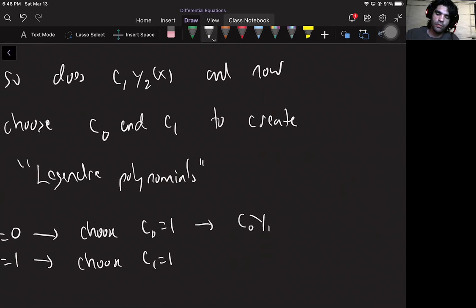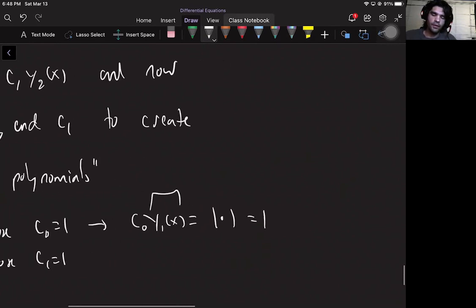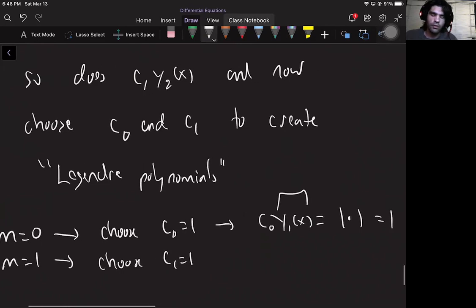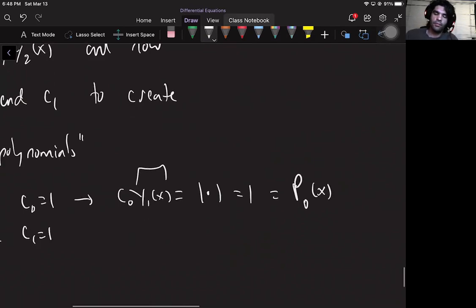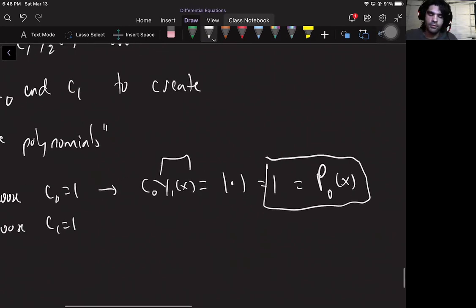C0 times y1 of x is 1 times 1, because remember that y1 of x was just 1 for m equals 0. And this polynomial that you get is called the Legendre polynomial for m equals 0. And so we name it capital P sub 0 of x. So that this is a Legendre polynomial. It's the first one, the most boring one.